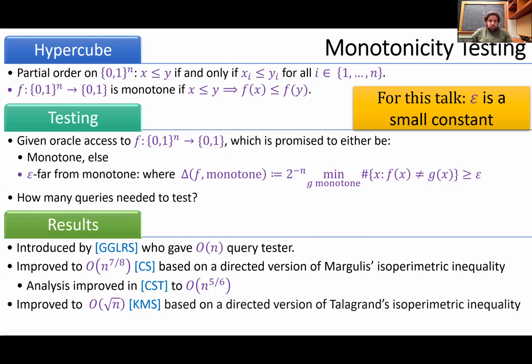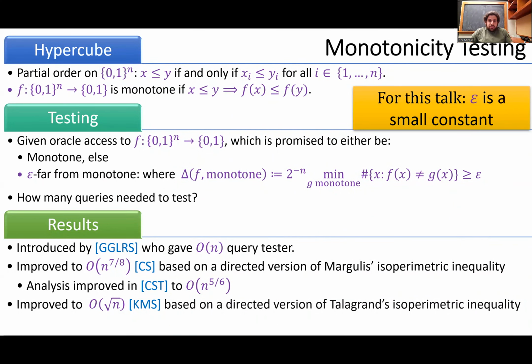And it took a while to improve upon this tester, in fact over 10 years, until Chakrabarty and Seshadhri showed a different tester, which achieves query complexity n^{7/8}. The tester is what is called the path tester. So again, it's some base tester that only does 2 queries, which is then repeated numerous times.